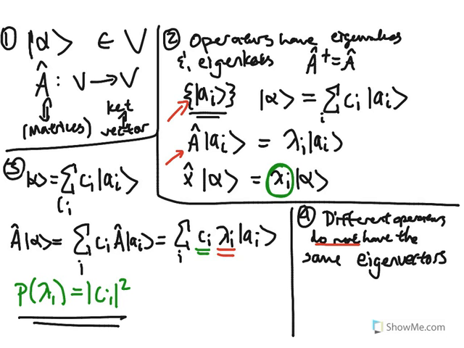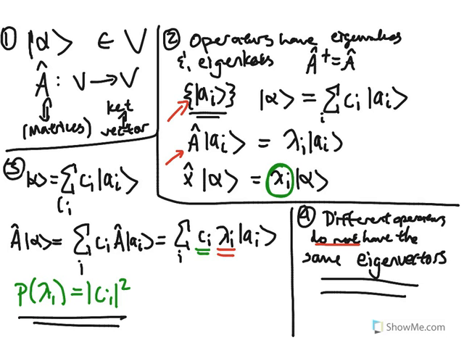And so what that means is, essentially, you could have a state that is an eigenvector of one operator, but is not an eigenvector of another operator, which means you can't measure both of those two things at the same time. And so if you understood that, then that's great.